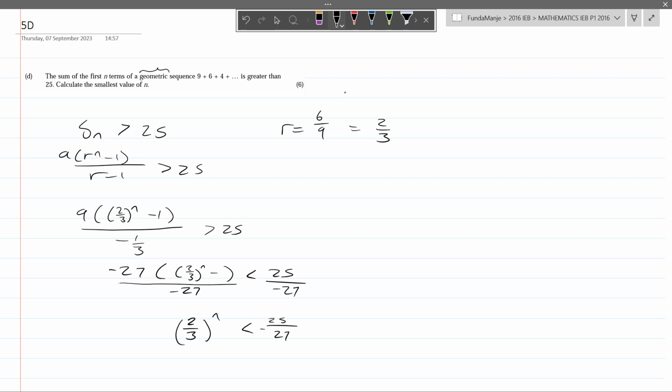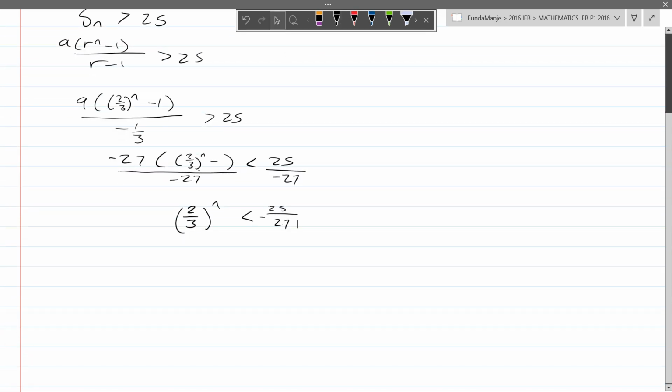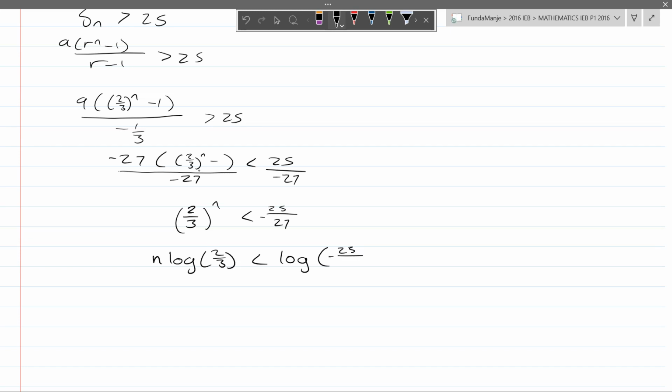And then if you want, you could take time looking for the value of n, substituting, but if you want to do it quicker, you just take the log of both sides. So this side would be n log 2 over 3 smaller than log of minus 25 over 27, like that.